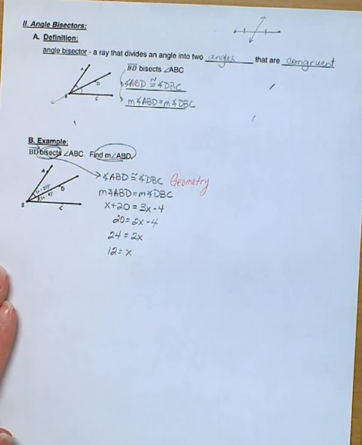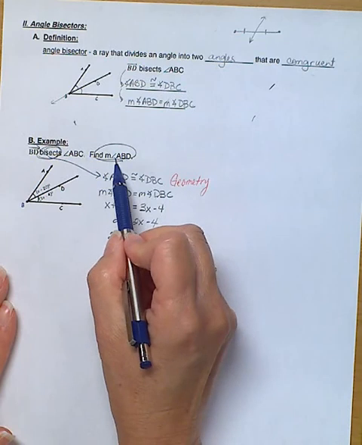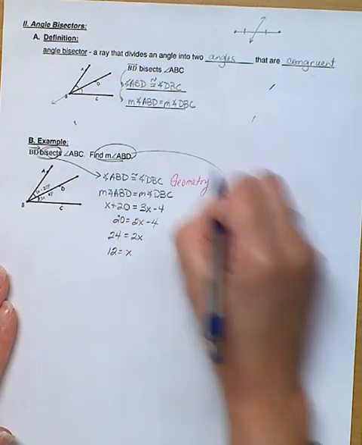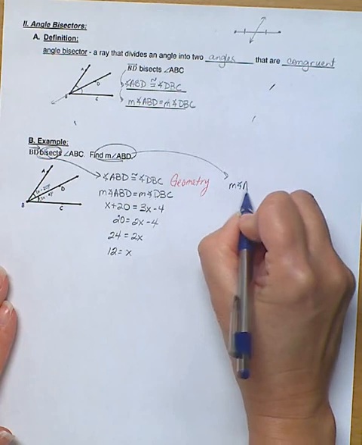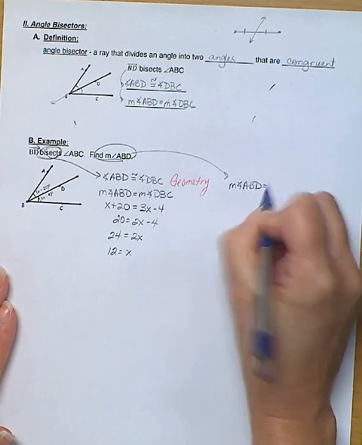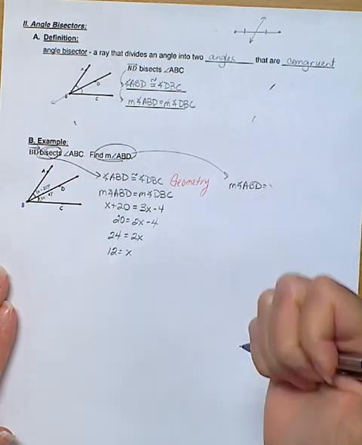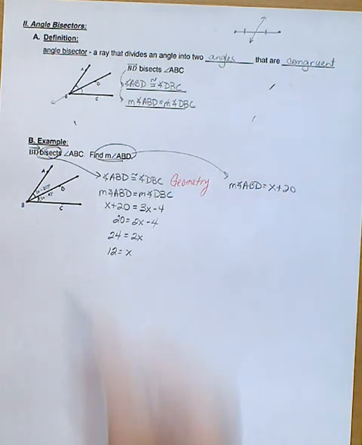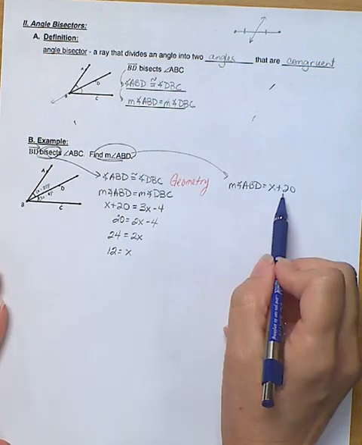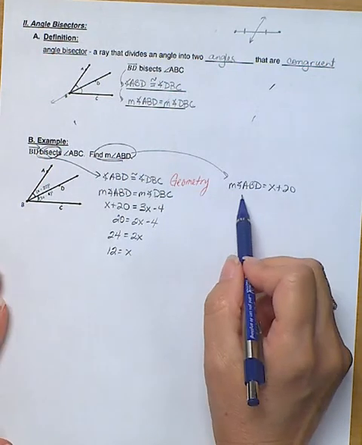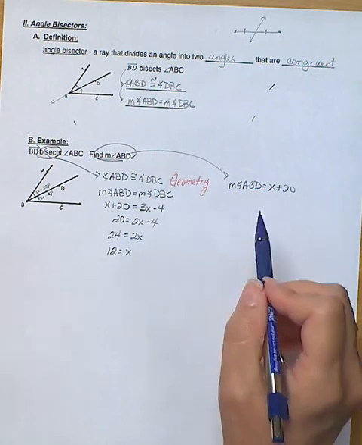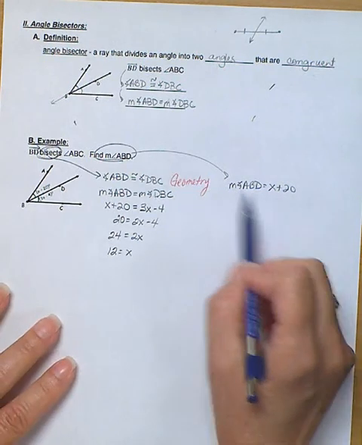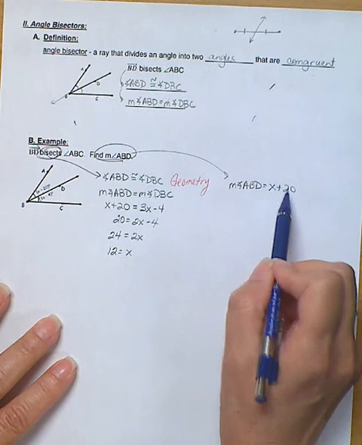But wait, it says find the measure of angle ABD. The measure of angle ABD is x plus 20. Oh look, I found it, I'm done. Like, why did I have to do all that other stuff? Well, because that doesn't really mean find it. It needs to actually be a number. And so if you had said the measure of angle ABD was x plus 20 and stopped, you aren't actually finding the true measure.